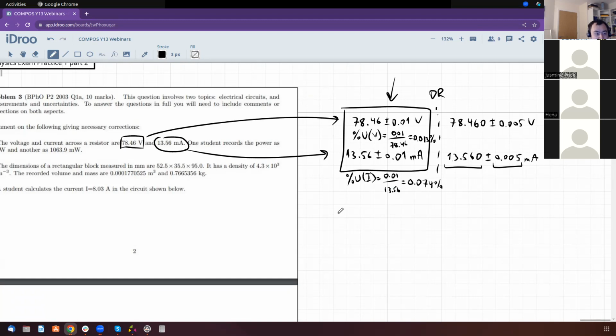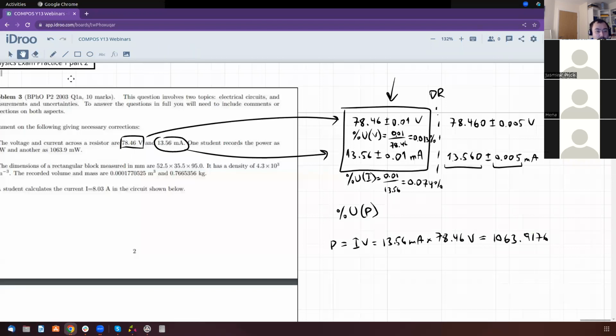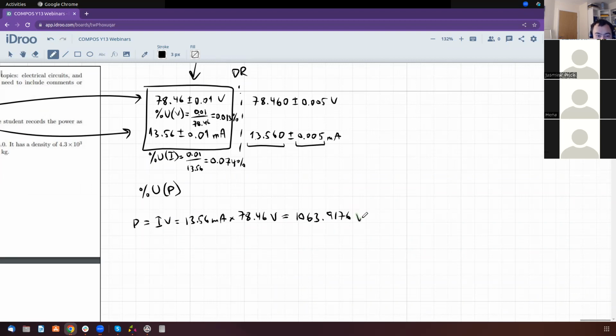Okay. And we need to add the percentage uncertainties. The power is current times voltage, so it's 13.56 milliamps times 78.46 volts, which is 1063.9176 milliwatts. Now let's do the percentage uncertainty for power properly.